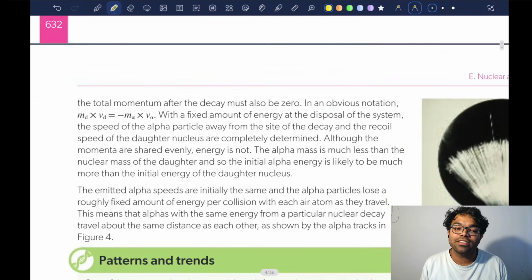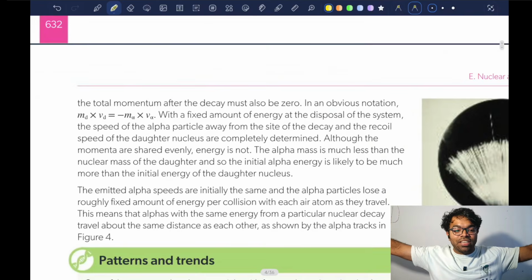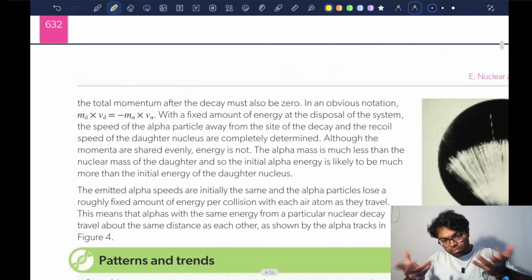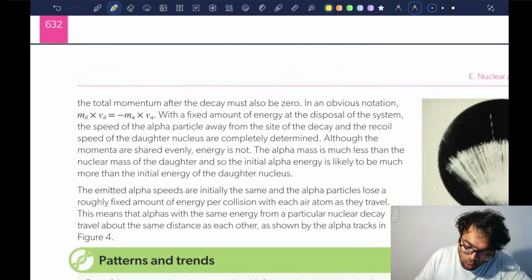After the blast, the bomb splits into two, having two different masses. Then both the particles will move in opposite directions to cancel their momentum out. I think we have learned this in kinematics. Exactly, the recoil back. Now, the total momentum after the decay must also be zero.